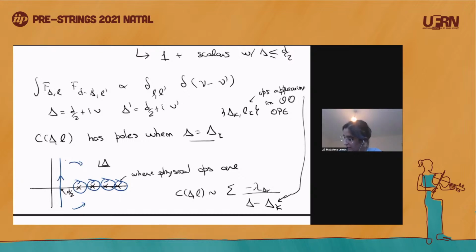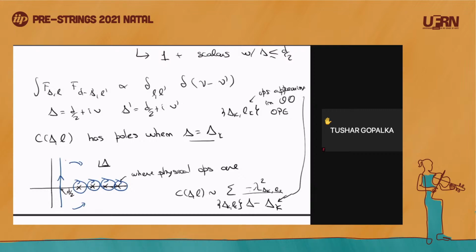And then the residue is proportional to the OPE coefficient. And now I was just summing over the set of operators in the series. Actually, this is a pair. Does this answer your question? Yes, thanks.